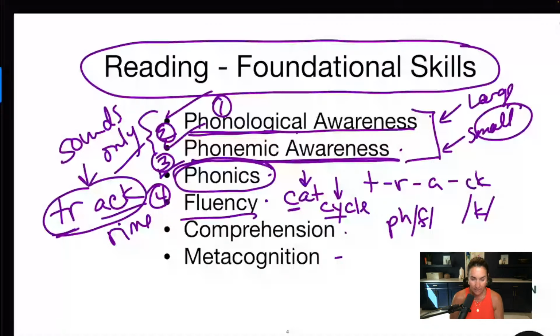Next step is fluency. That's when students move from just decoding words in phonics to actually reading strings of words, sentences, paragraphs, right? And we need students to increase their fluency because without it, they can't have comprehension. And fluency is the bedrock of comprehension because of a little bit of metacognition, which I'll talk about in a second, and also their cognitive endurance.